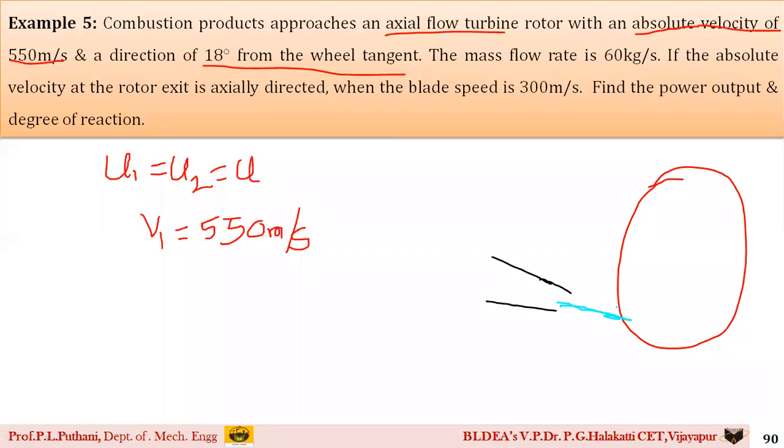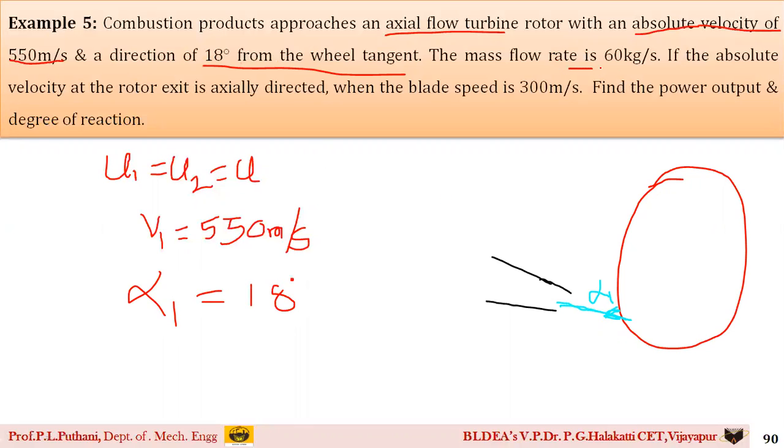At this tangent we call the angle alpha 1. So alpha 1 is equal to 18 degrees from the wheel tangent, as per the question.